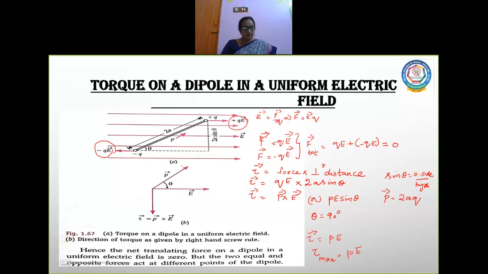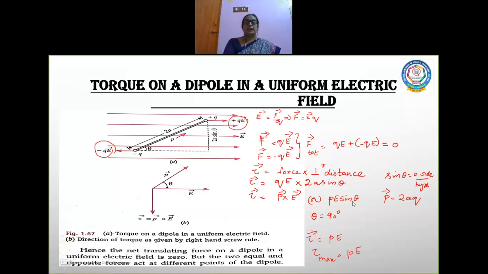Now, this is with respect to a uniform electric field, children. Suppose the dipole is placed in a non-uniform electric field, in the sense that the electric field will not be the same at all points. In a uniform electric field, the net forces cancel each other, so the value of force is 0. But in the case of a non-uniform electric field, these two charges minus q and plus q will experience forces that are not the same.